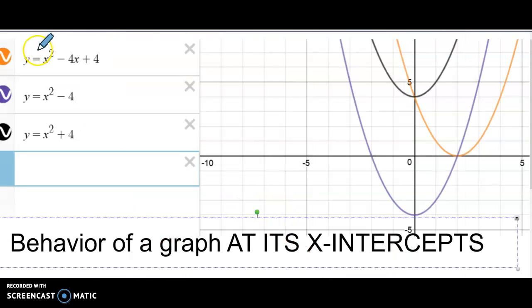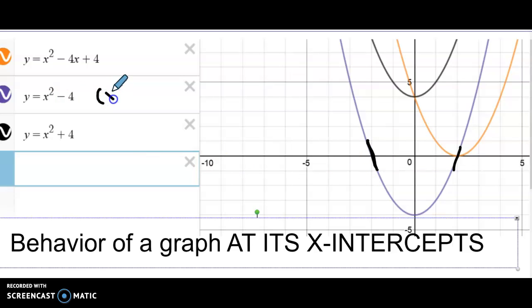Okay? We also want to look at what's happening at the x-intercept. The graph of y equals x squared minus 4 is crossing the x-axis. It crosses at 2 and at -2.